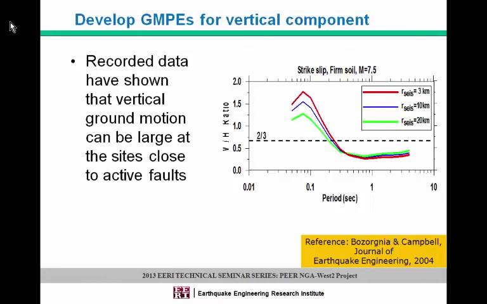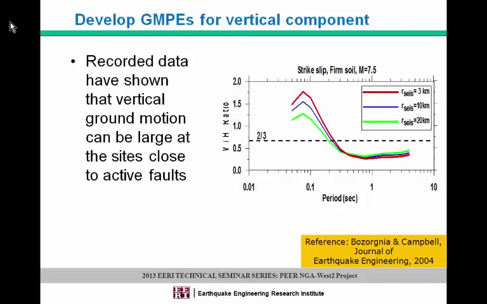This is a plot of the ratio of vertical over horizontal spectral ordinates, V over H versus period. This is an older study in 2004 that we did. The ratio for short period close to the fault can exceed tremendously more than what Professor Newmark and Hall in the 1950s recommended, 2/3.